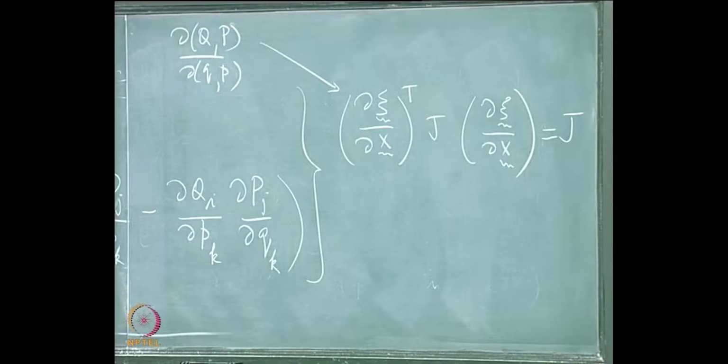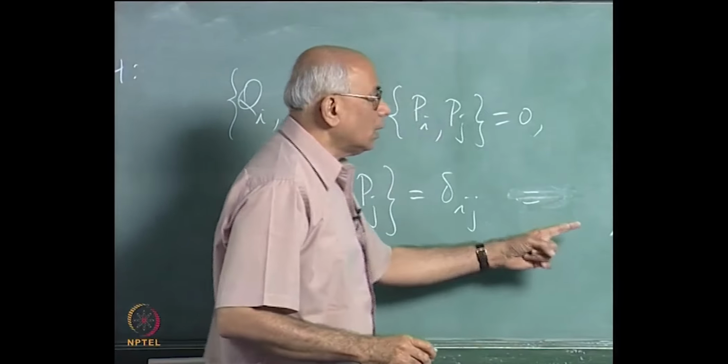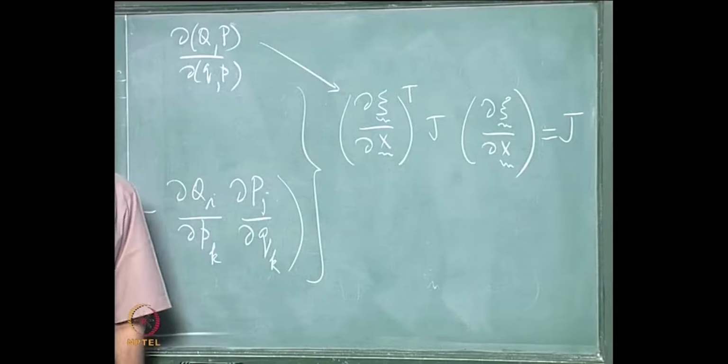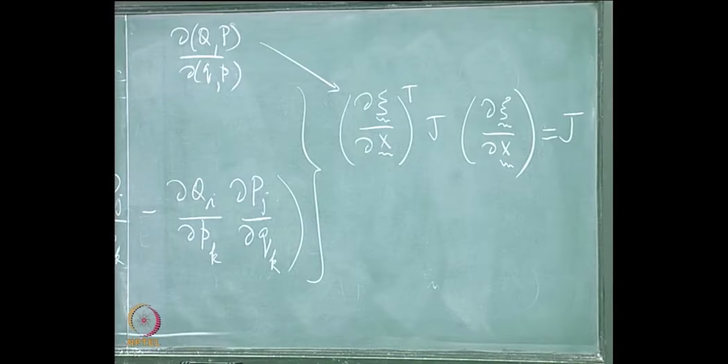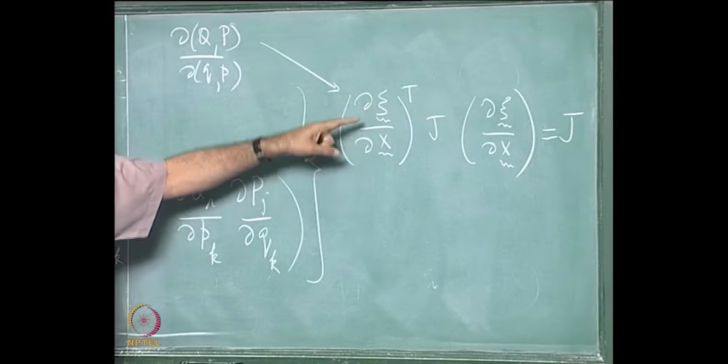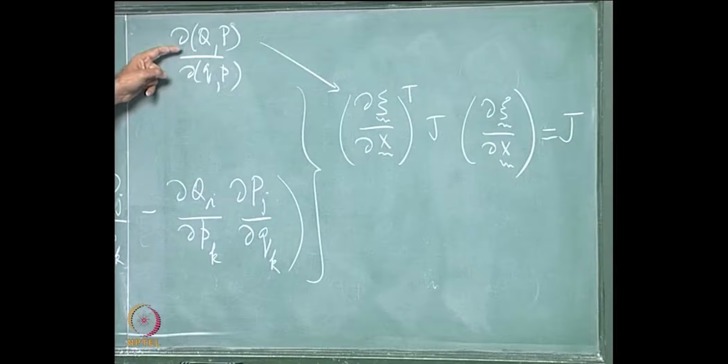It is easy to check that all these relations are summarized in the single line by this matrix equation. It is not very difficult to verify that this is so. I have used this symbolically just to tell us immediately that it is just the Jacobian matrix corresponding to the canonical transformation.